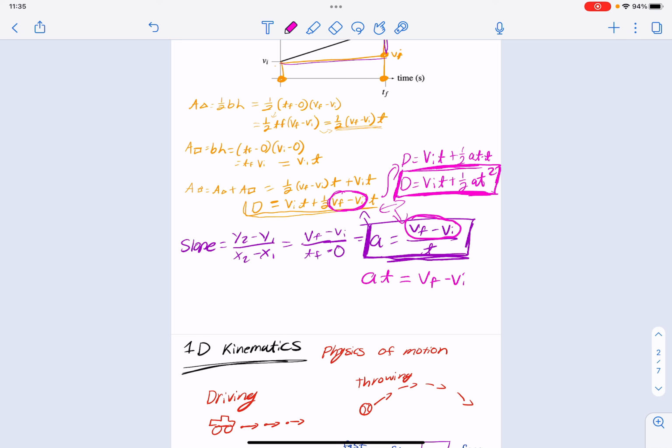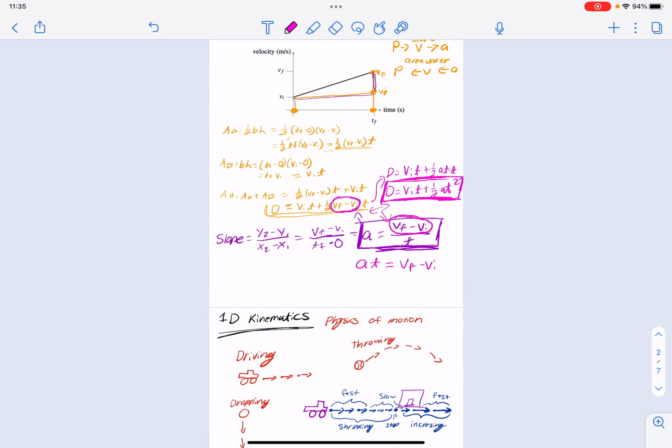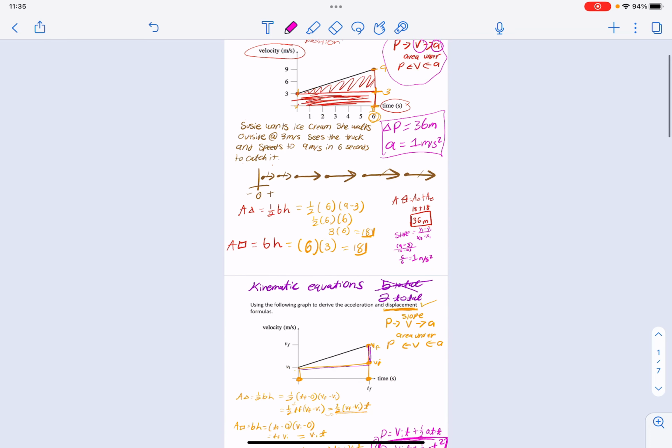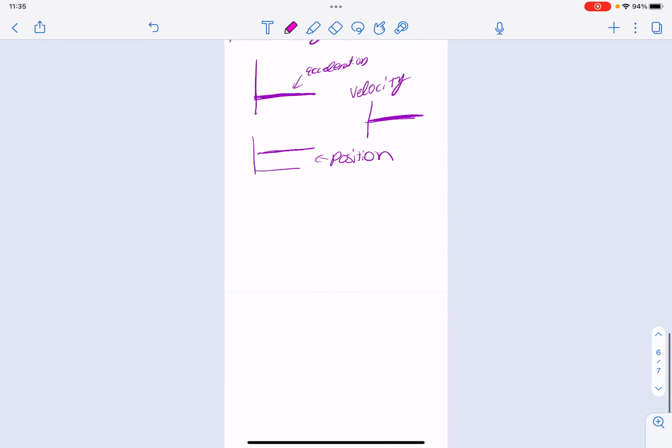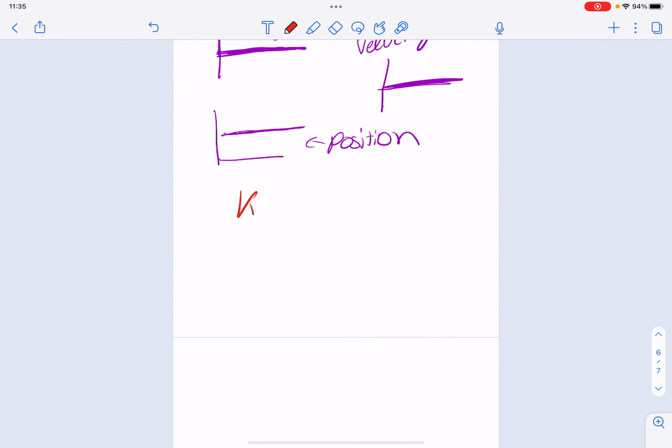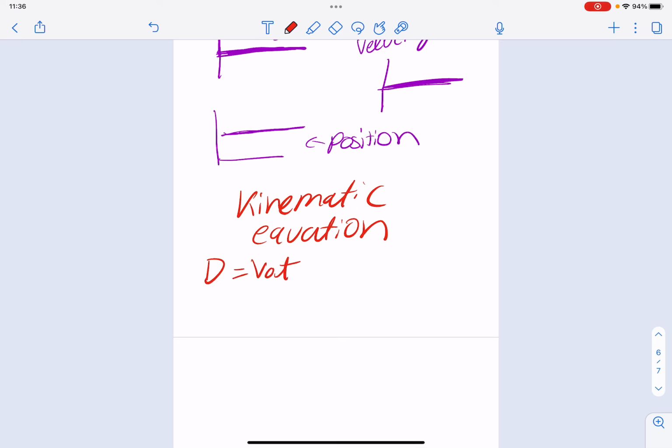So our top two kinematic equations, and the only two we're really going to work with, are: the first one is d equals v naught t, or v initial t, plus half a t squared.